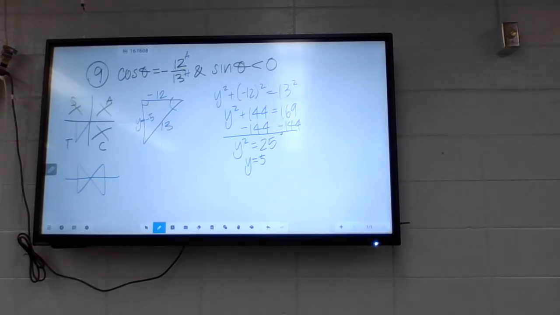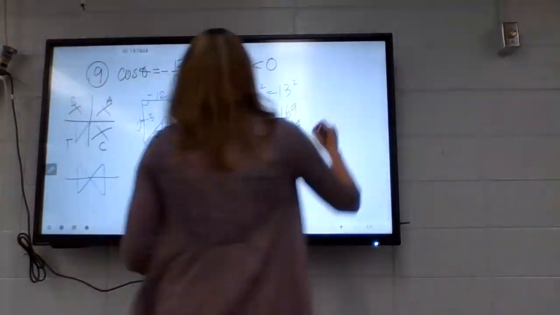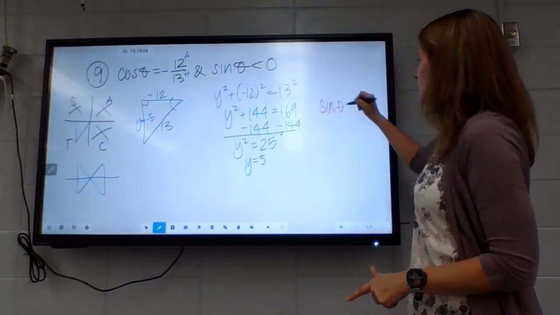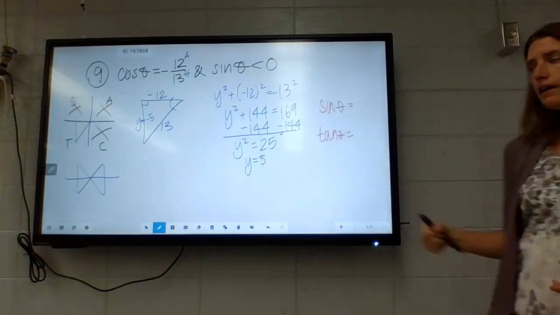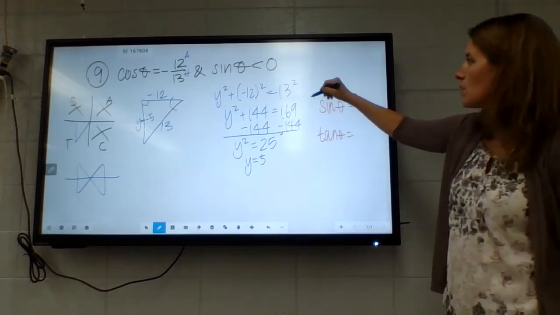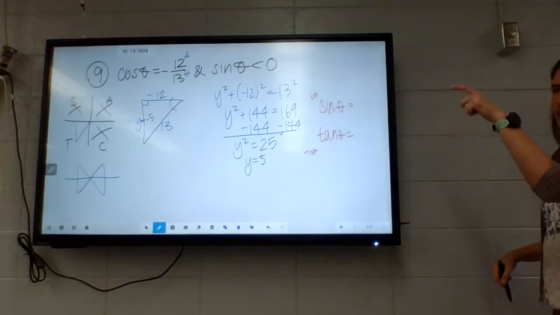Now why that's important is because that's going to allow me to find my other 2 trig ratios that I don't have written here yet. So I need the sine and the tangent of that same theta. Sine is SOH, tangent is TOA, so now I'm just setting up those ratios.